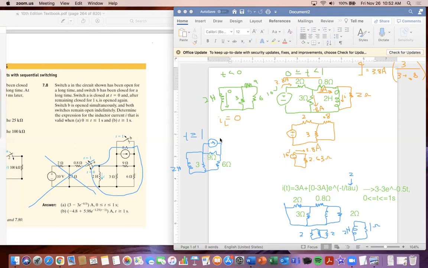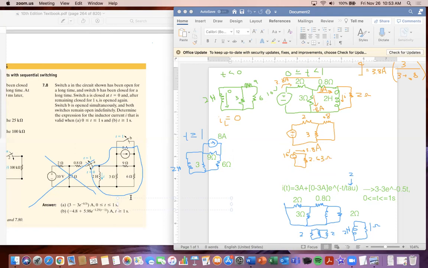So let's try finding out what this 8 amps does. Looking at this, we know initially how much current was going through at time equals 1 second. We can find that initial value by plugging in t equals 1.